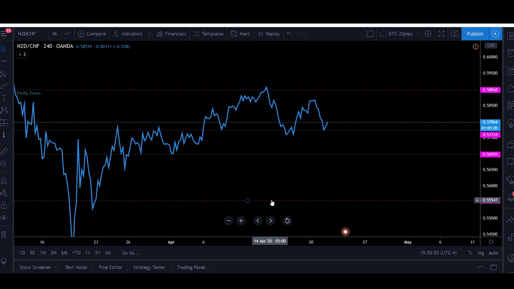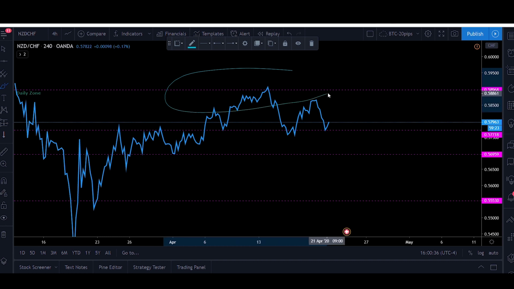Support represents a low level price has reached over time. Resistance represents a high level price has reached over time. It's also known as supply and demand. So when you think of resistance, this is resistance right here. Let me circle that.